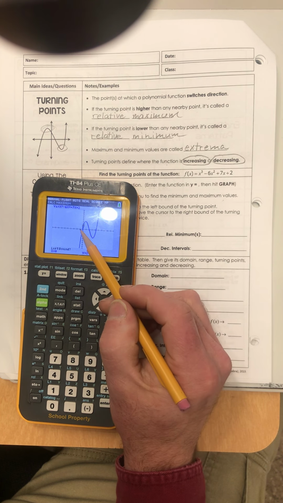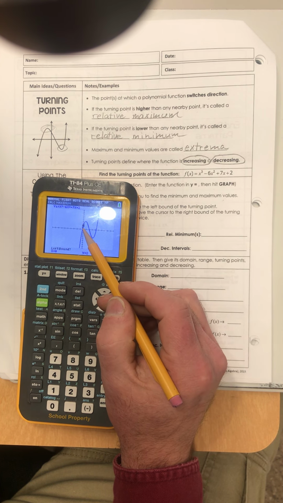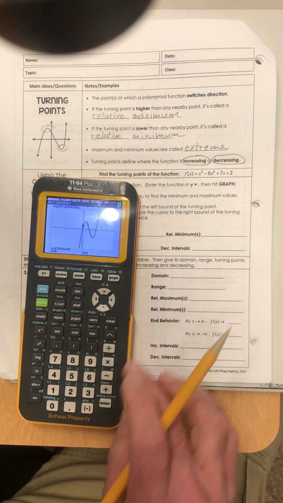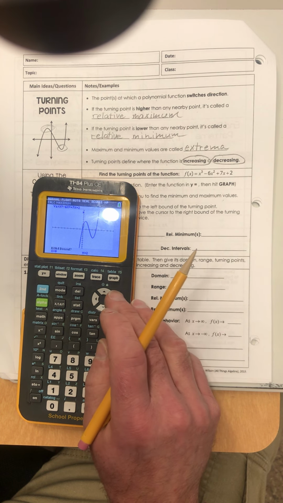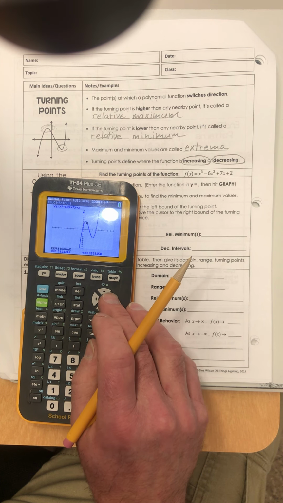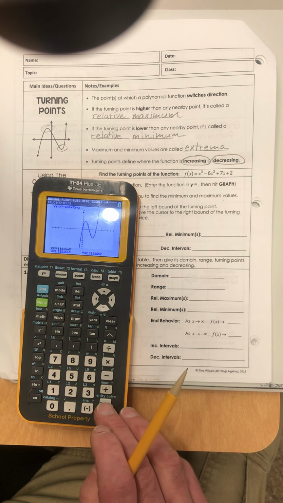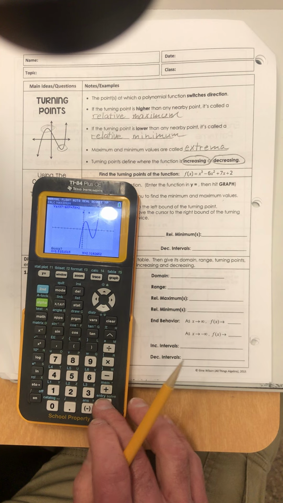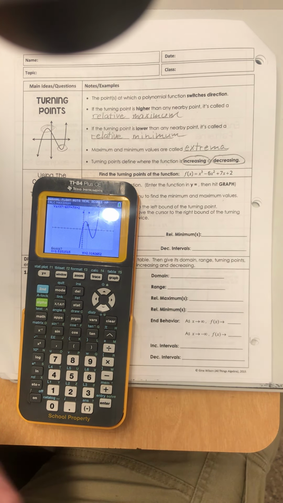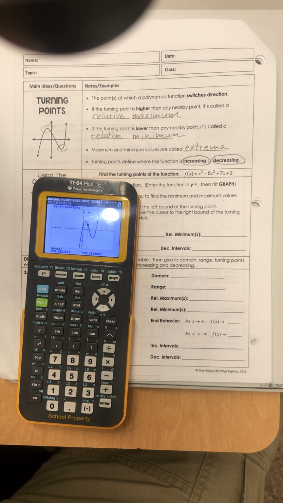I always want to start with the left boundary. So I'm going to start with this cursor flashing on the left side of my peak, or my maximum. And then I'm going to trace over to just past it, and put my right boundary. See how I put these little dotted lines here? That shows which part it's finding the maximum over.